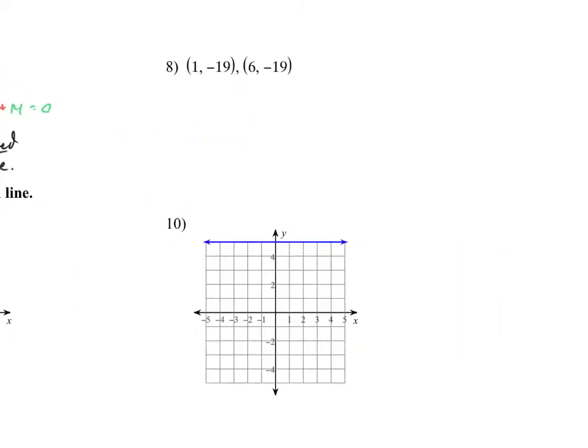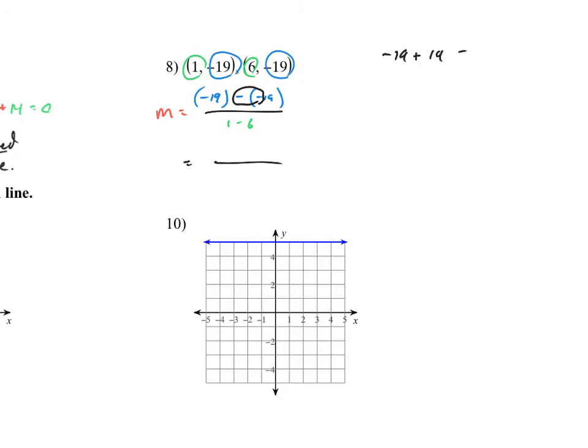All right, find slope here, same sort of thing. Change in y's, negative 19 minus negative 19 over the change in the x's, 1 minus 6. As you work this out, negative 19 minus the negative becomes plus, so negative 19 plus 19 is 0.